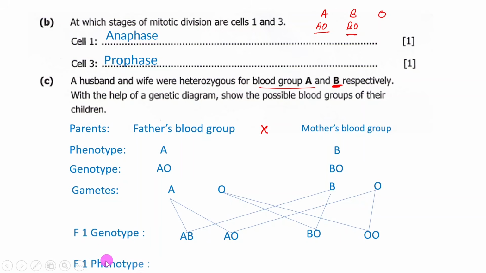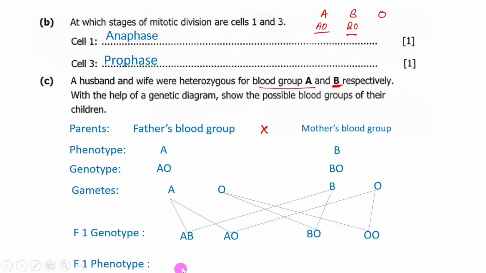Now, the first filial phenotype, what is going to be expressed in their body. Whenever there is a combination of what we call the allele A and allele B, which are the alleles for the type of blood AB, both A and B, when they are combined, they are codominant, which means they are both expressed in an individual in what we call the phenotype.